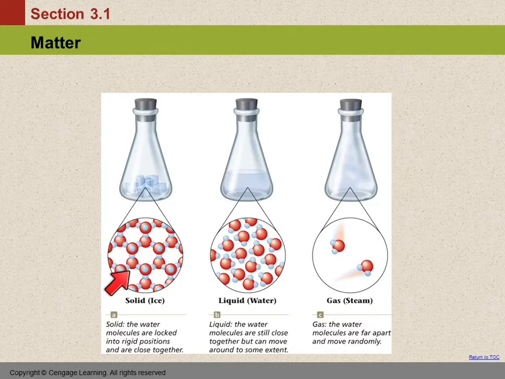It makes these patterns. These particles, the molecules, are not moving relative to each other. This molecule and this molecule are staying next to each other. A little bit like you guys in your seats right now. You're not moving around the room. Everybody's stationary. You're sitting in your seat.